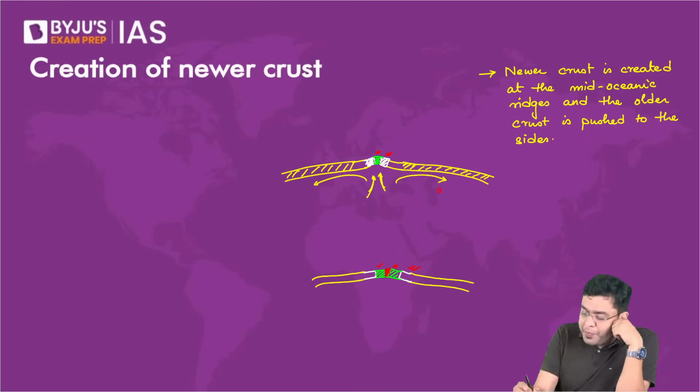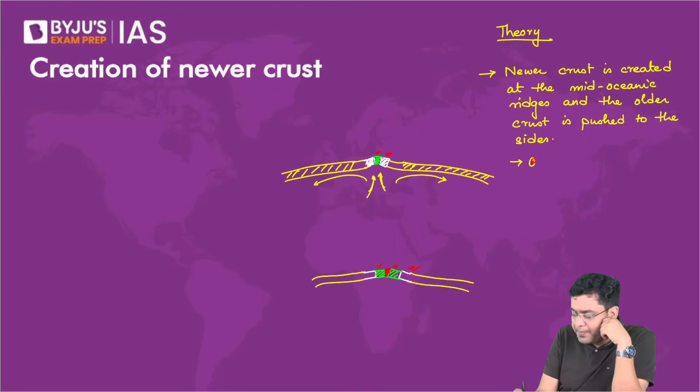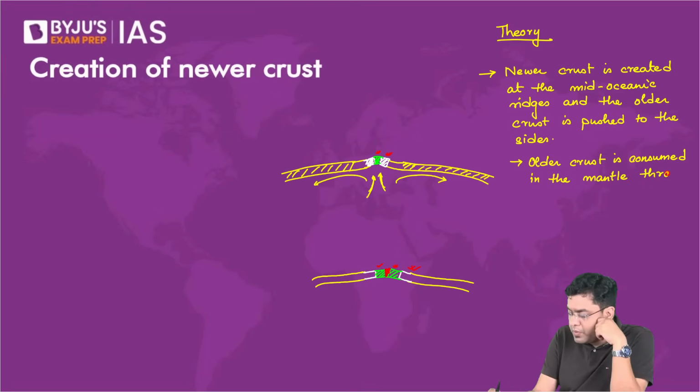So, as per this theory of seafloor spreading, he says that the older crust is consumed in the mantle through the region of oceanic trenches.